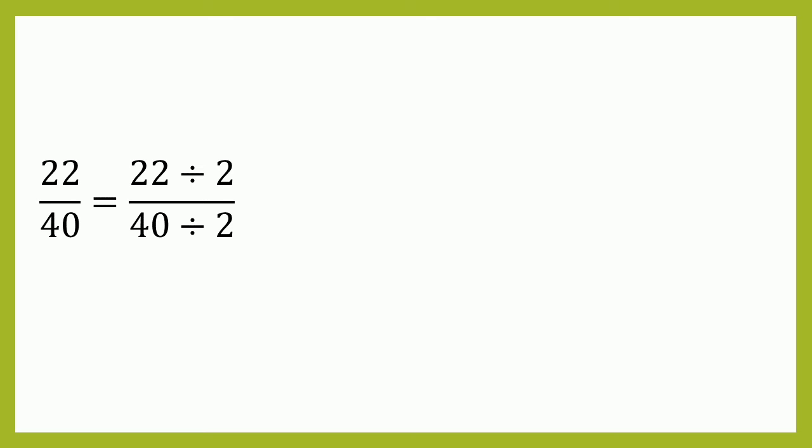So we have to convert 22 upon 40 into a decimal fraction. So first we will make the denominator 40 into 20. So 22 divided by 2 and 40 divided by 2, because half of 40 is 20.